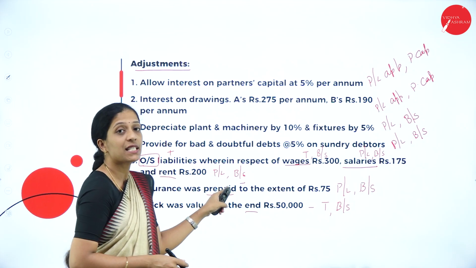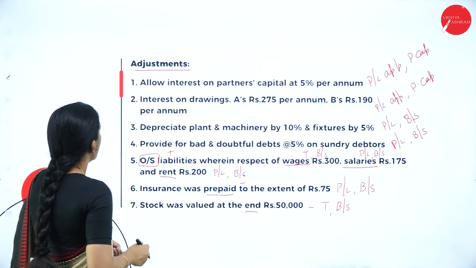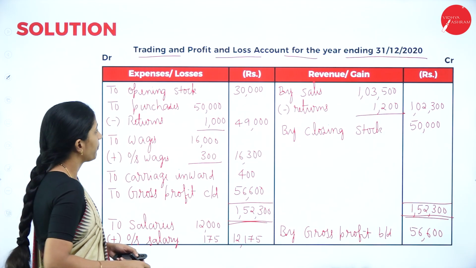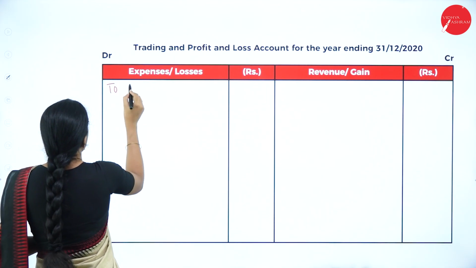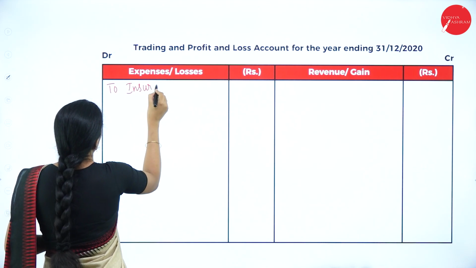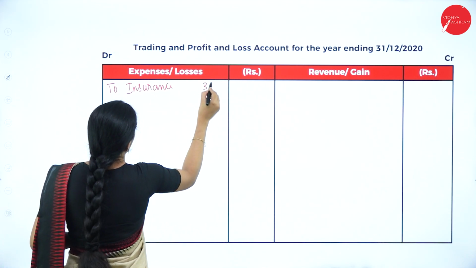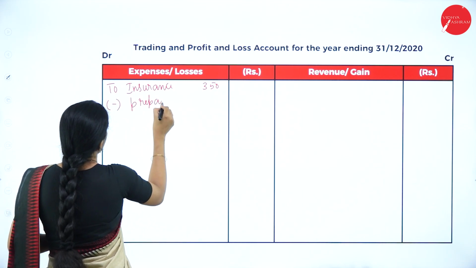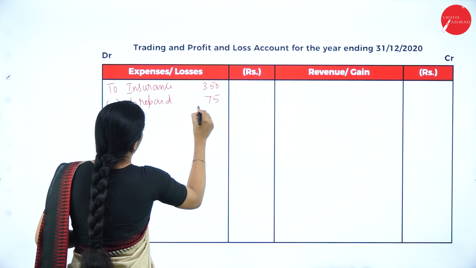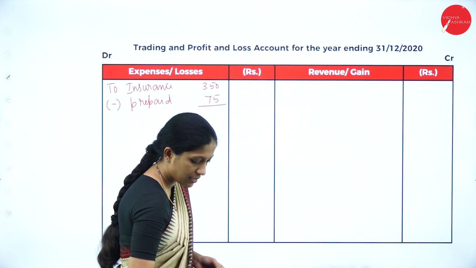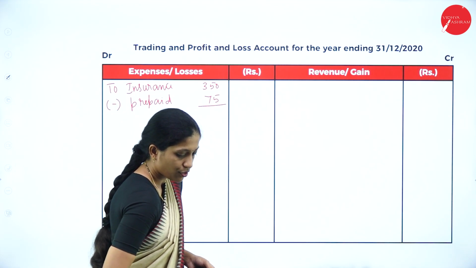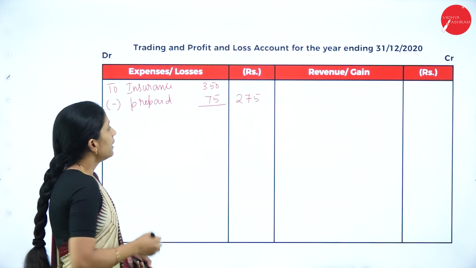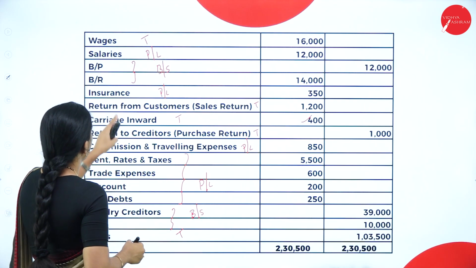Yes, we have insurance prepaid. So you have to minus. So how to record? To insurance 350 minus prepaid insurance, that is 75. So 350 minus 75. So this will be 275. Clear?